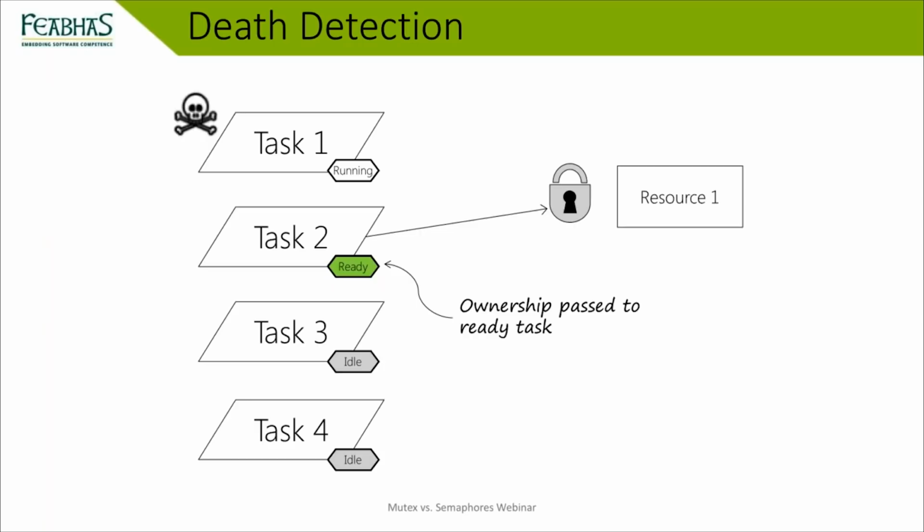So programmatically we can say, okay, I can go and clean that resource or check the integrity of that resource, because it might, for example, be a structure with multiple elements, and we might want to check those multiple elements are all correctly in sync. So there might need to be some housekeeping done on the resource to get it back in a correct state for correct operation, to be able to continue the system running.